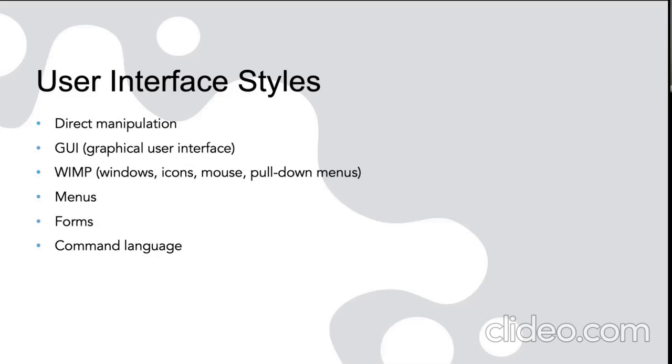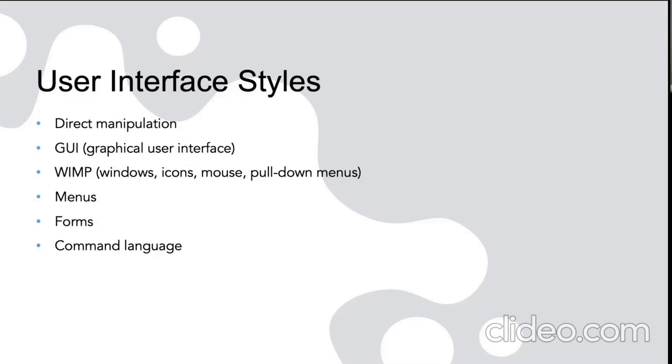It has all these icons for visual representation, a mouse for pointing and clicking, pull down menus for accessing commands, etc. So like Windows OS can be an example for WIMP interface, for example.